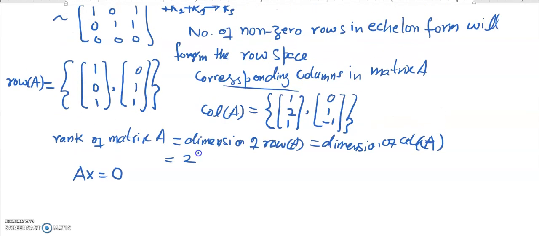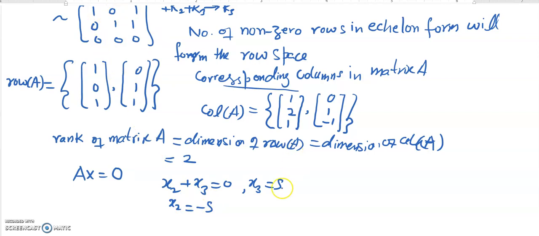So in this case, if we want to find x1, x2, x3, from the second equation, by back substitution, we get x2 plus x3 is equal to 0. So from here, if we take x3 equal to s, then we get x2 equal to minus s.